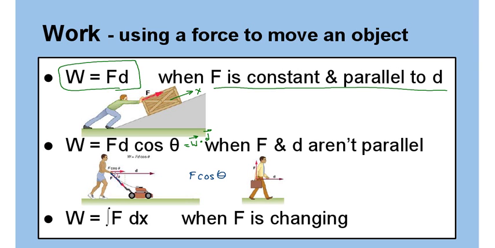When I'm pushing down at some angle, see there's F right there, and if I multiply by the cosine of the angle, well, then I'd get the component of the force that's in the direction of the displacement, and I'd want to multiply that. This guy is pushing to the right and down on that lawnmower, and the part where he's pushing down doesn't accomplish anything. It just makes the ground push back up harder. So if I do that F cosine theta, don't worry too much about that one.